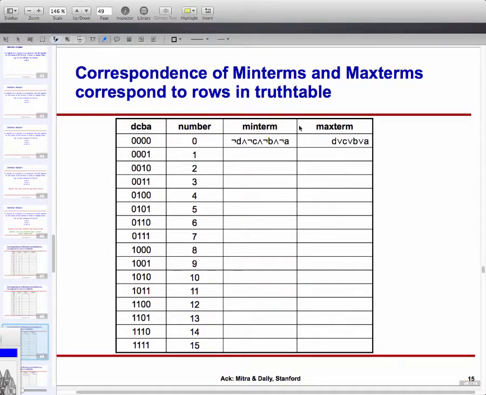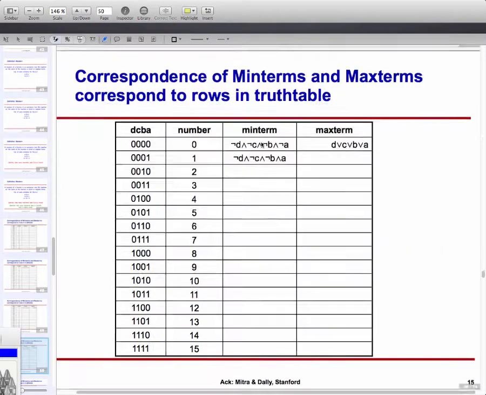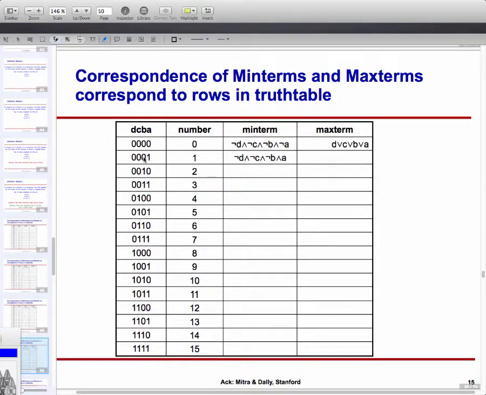So see, for maxterm, we are going to invert the notion out here. For minterm, we use it like this. The second minterm corresponding to 0, 0, 1 is not D and not C and not B and A. So D, C, B were 0 and A was 1 out here.